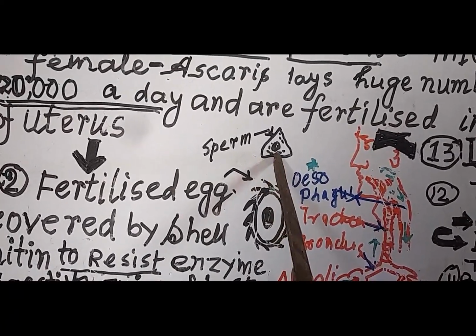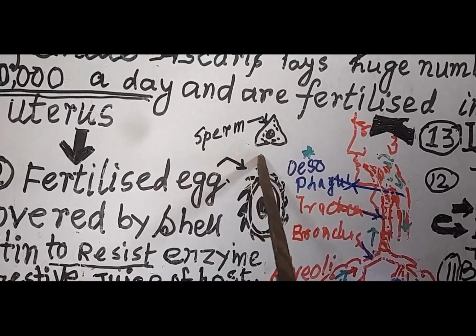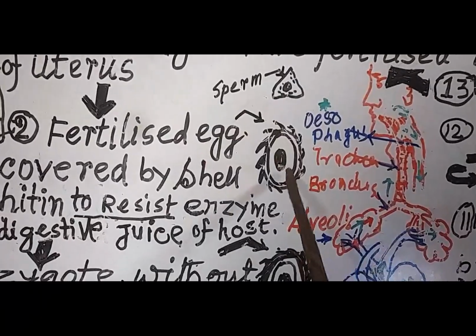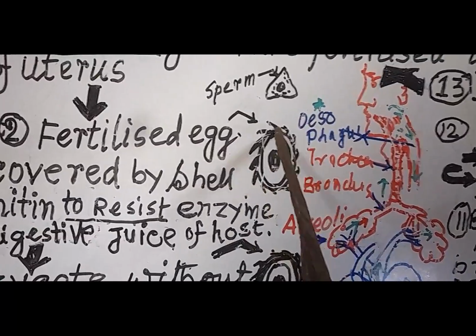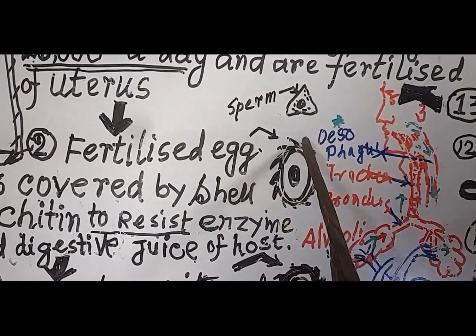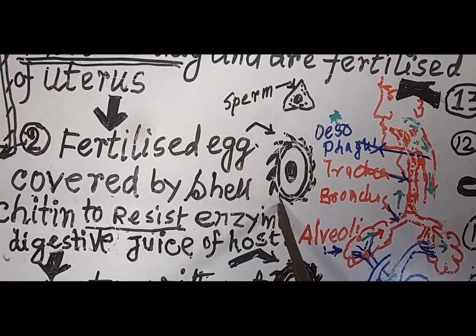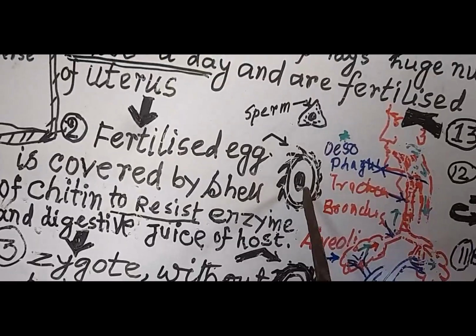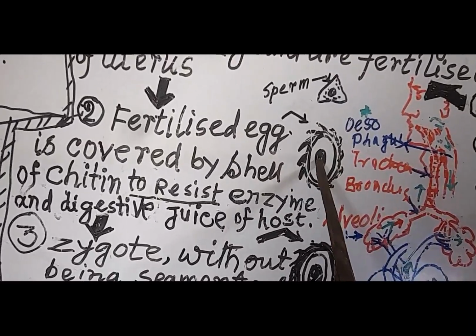It has no tail, but only a triangular structure. And the ovum is a globular structure with a chitinous outline and a spiny surface. Inside it is the nucleus, and the cytoplasm is here.